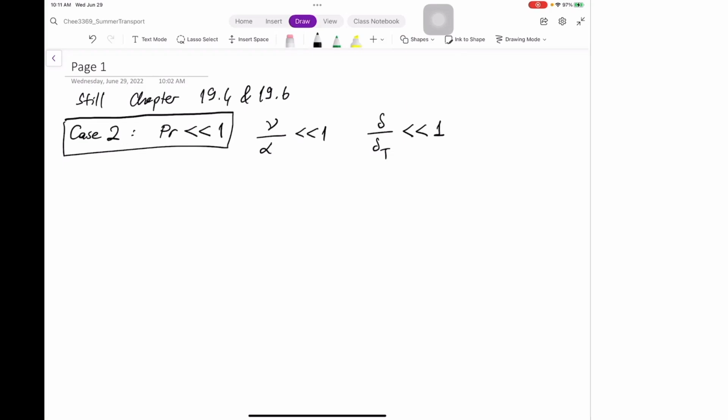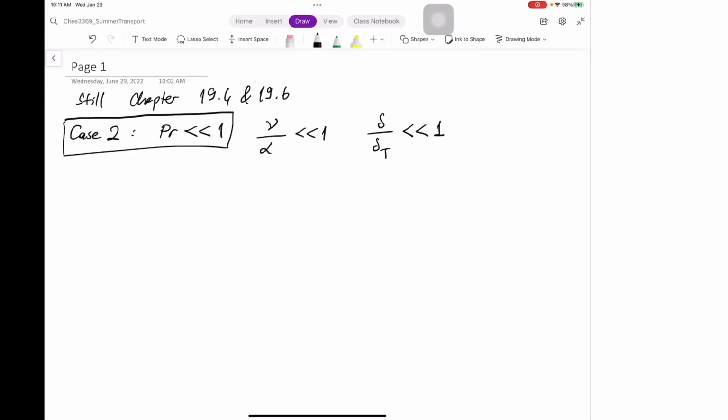So if we decrease the nu more and more, we're going to get a smaller and smaller Prandtl number, and that would keep the delta T the same, but the delta would get smaller and smaller, right? That's what one would expect. So I think it's reasonable to argue that delta over delta T is also much, much less than 1, right?